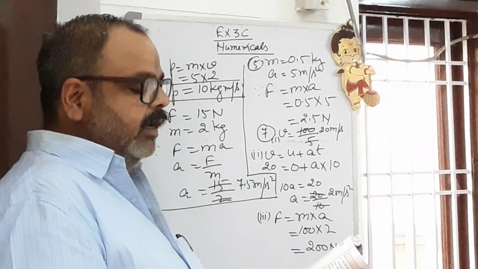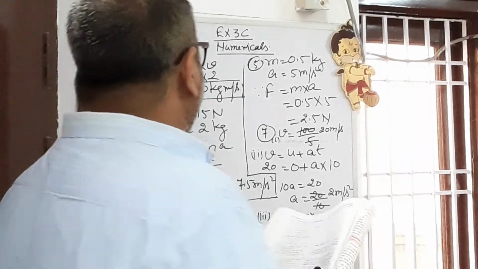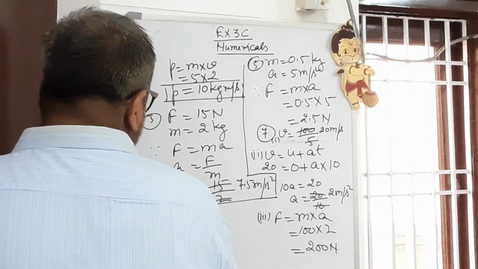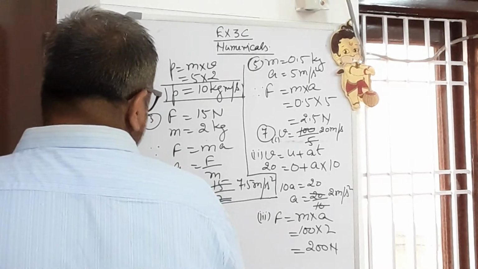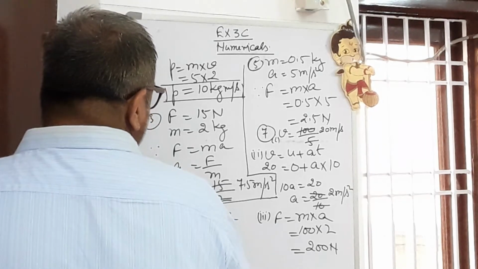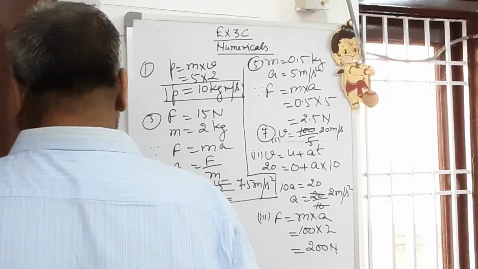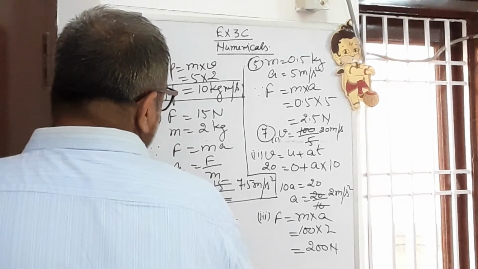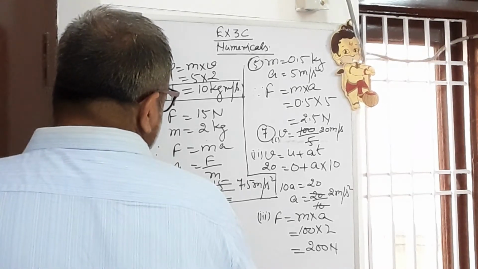For the force, question number 8, force is equal to mass into acceleration. Mass they are given. Mass how much? 100 gram. 100 upon 1000 kg.